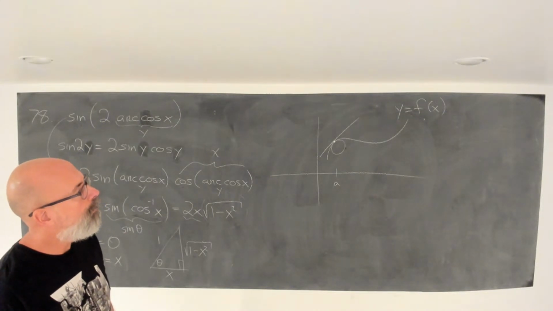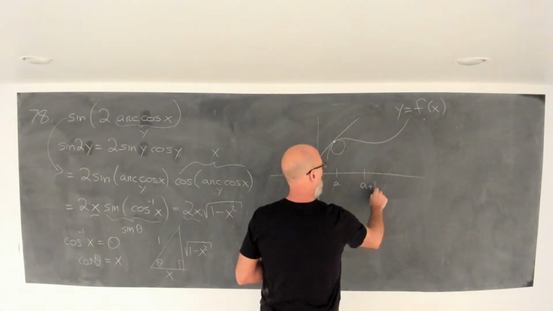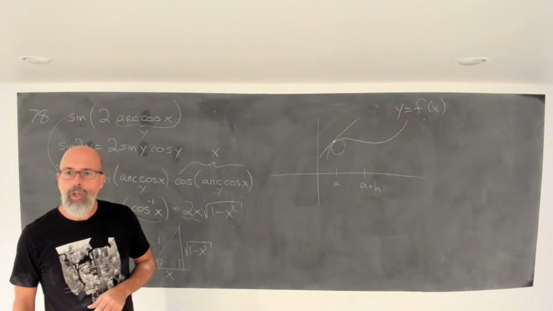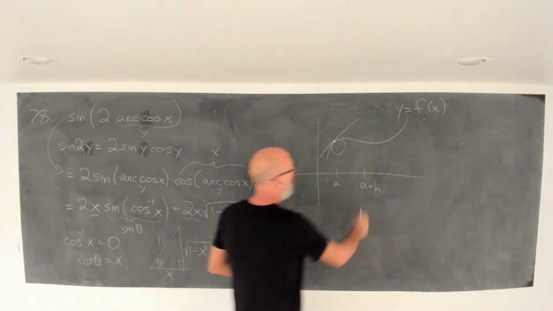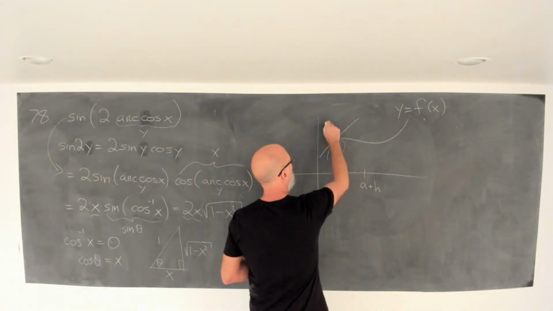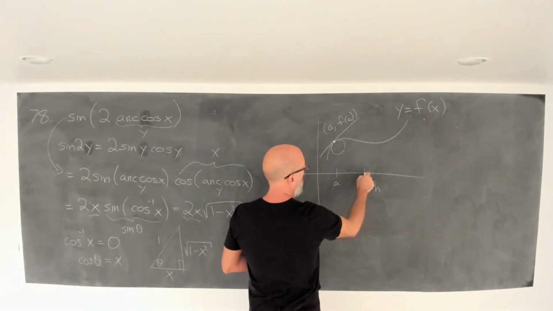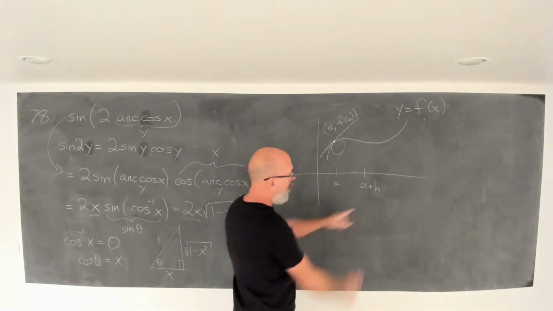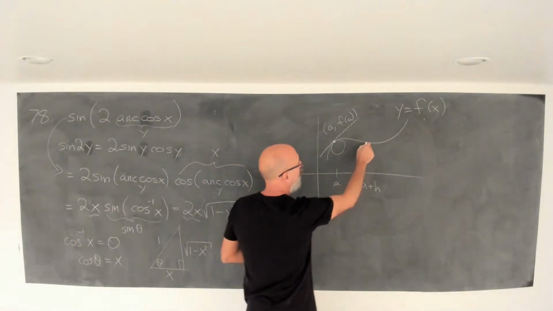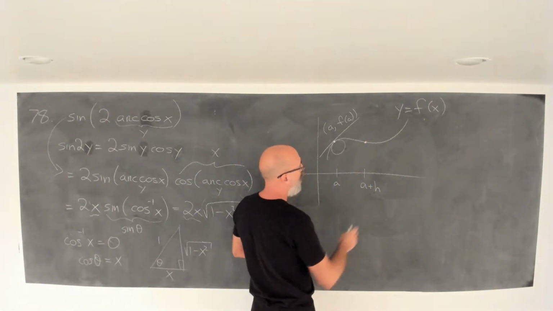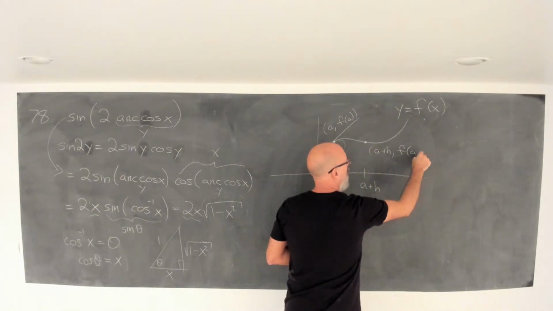So what are we going to do? Well, let's take another point, a plus h. Take some value h, of some positive value, say. So first of all, we have this point, which is the point a, f of a. And consider some value h, and look at the point on the function. This is going to be the point a plus h, f of a plus h.